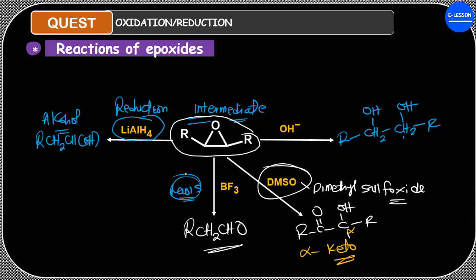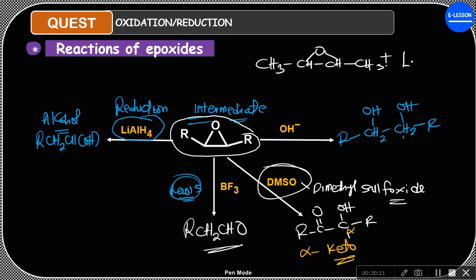So it depends on the kind of epoxide. For instance, if they give you, let's say, this kind of an epoxide, let's say you have this epoxide oxygen, this H2, let's say this H and this CH3. Now if they give you this kind of epoxide and then they say react it with lithium aluminum hydride.